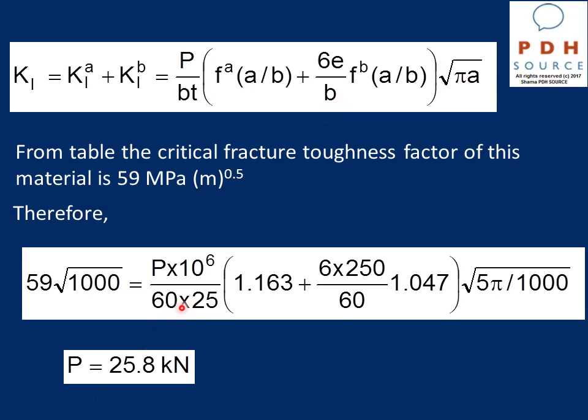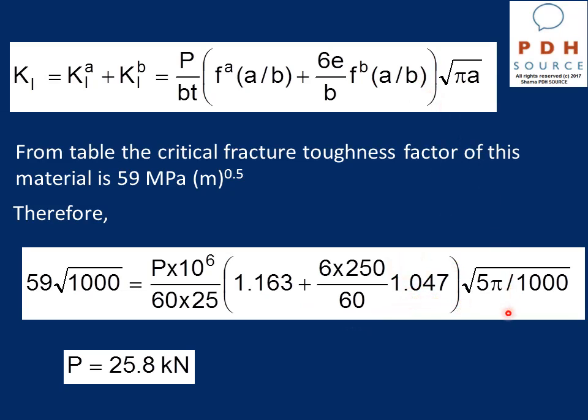If you plug in all the values, 1.163 plus 6e over b, where b is 60 and e here is the value of D, which is 250 millimeter, and f of b was calculated as 1.047.